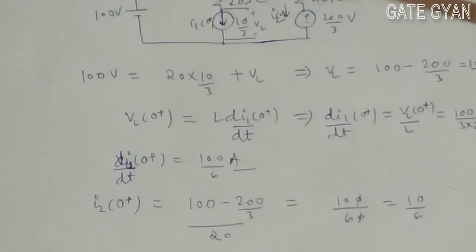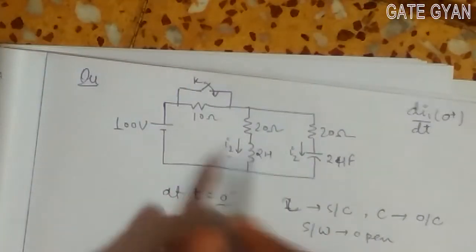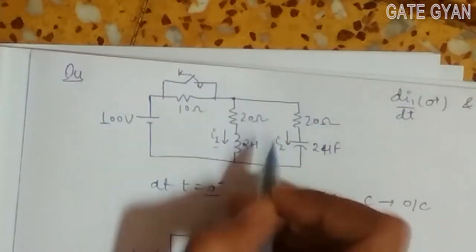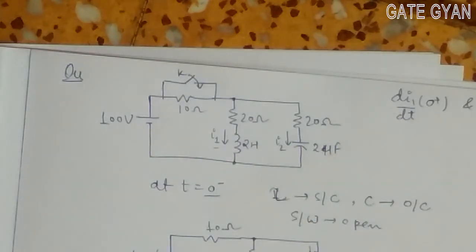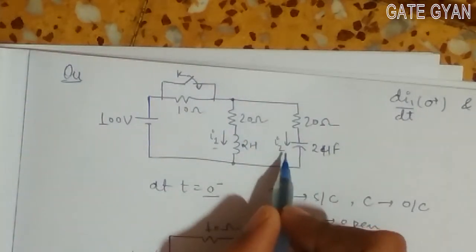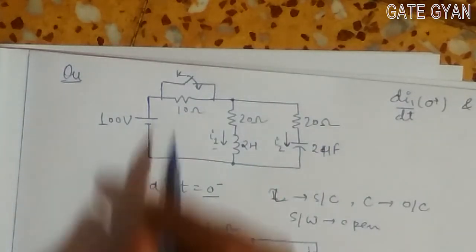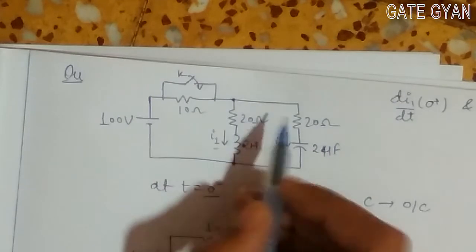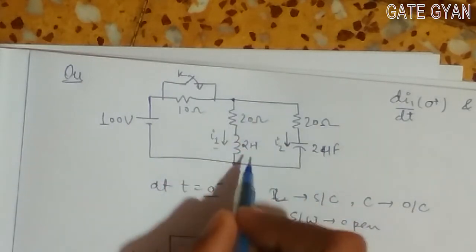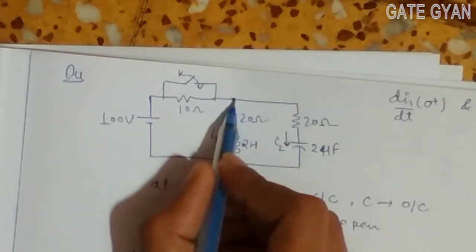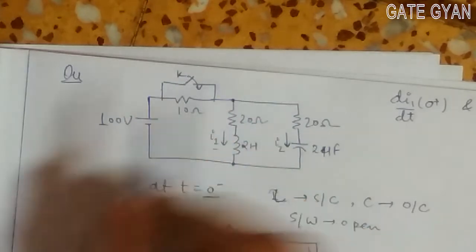Now from the very initial circuit, I can write my current equation, that is the equation of I2. I can write I2 as equal to 100 volt which will appear here.